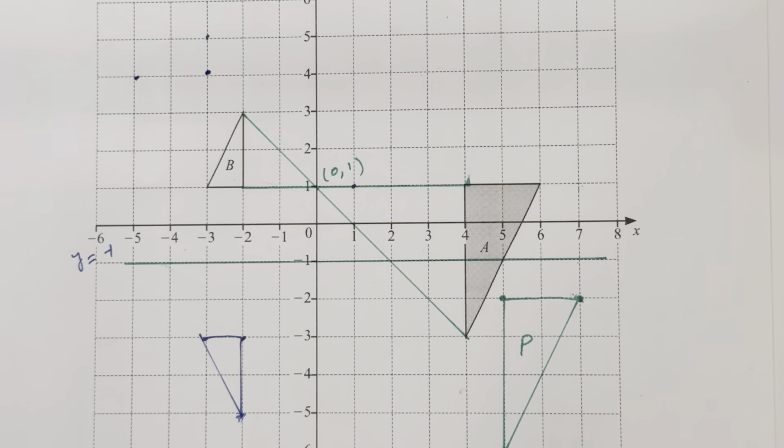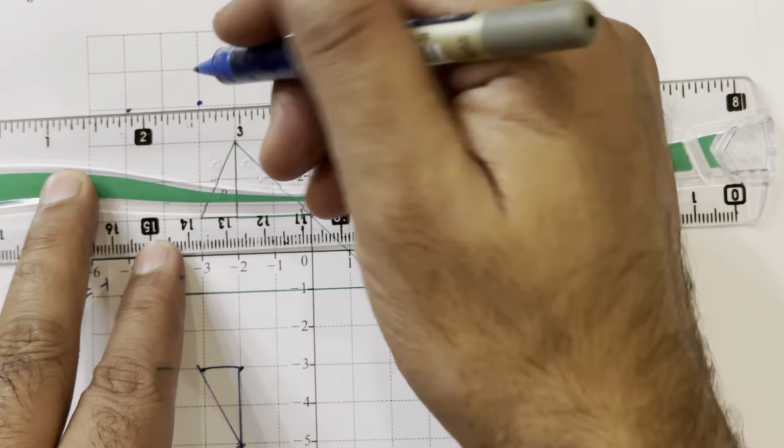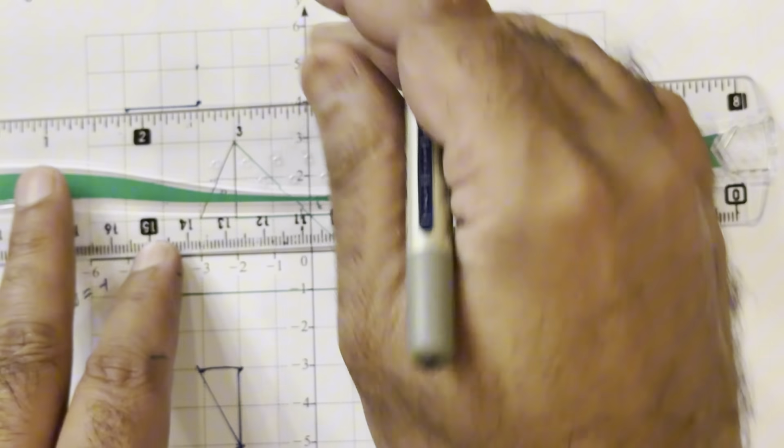So join these 3 points, so you get R. Over here it would be like this.